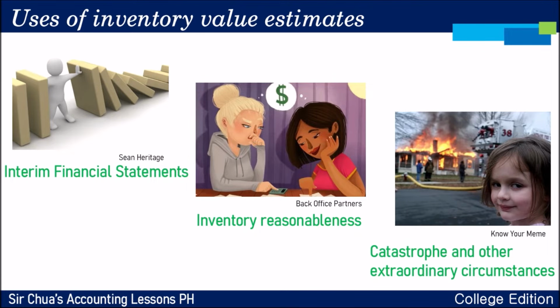And as owners and managers, syempre, kailangan po ng information magkano yung nawalang inventory sa atin. So, actually, marami pang pwedeng usage ng inventory value estimates, pero dyan siya usually pinaka ginagamit.